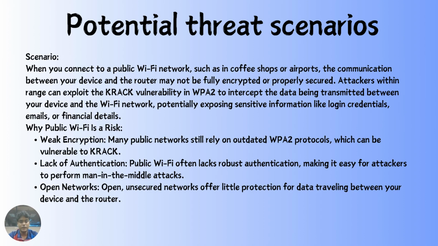The next one: when you connect to a public Wi-Fi network, such as in a coffee shop or airport, the communication between your device and the router may not be fully encrypted. So by having a VPN, like I said just now, it adds a layer of protection if you're not able to update your current device.